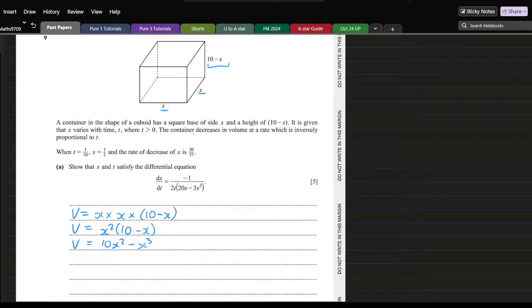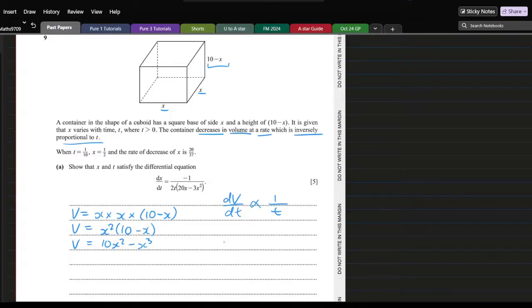And then we're told that the container decreases in volume at a rate, so we're monitoring the rate of change of the volume, so that's dV/dt. I'll come back to the decreases part, and this is inversely proportional to t, so that's 1 over t over here.